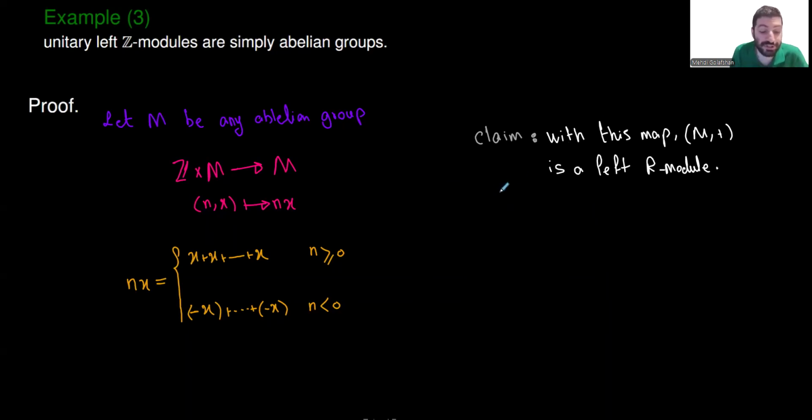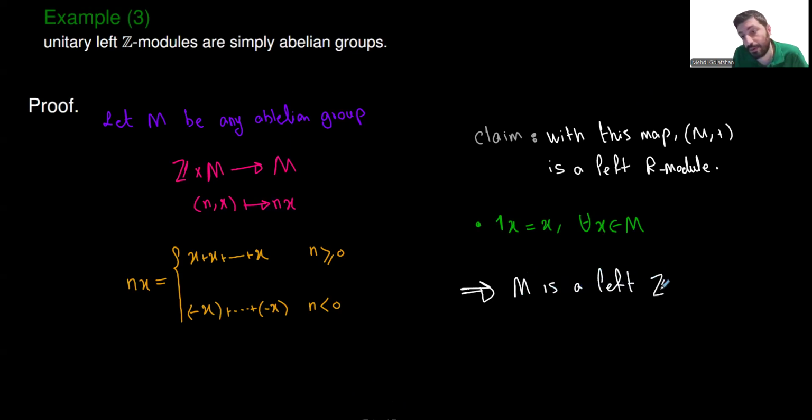It is clear that 1 times x is equal to x for all elements x in the abelian group M. Thus we can say that M is a left Z module.